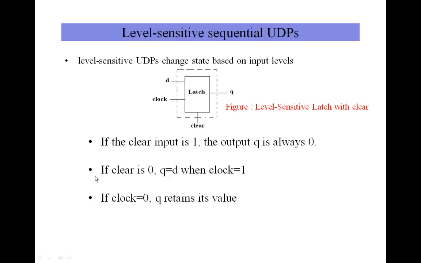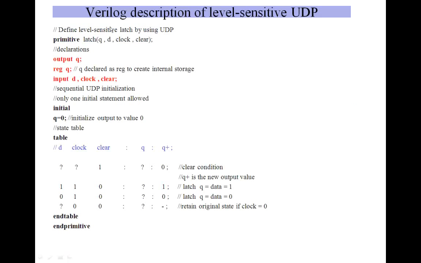So how do you describe this behavior in Verilog? Here is the Verilog description of the level sensitive UDP. Any UDP will start with the keyword primitive, and latch is a user defined name, first output and then inputs. So here is a declaration.